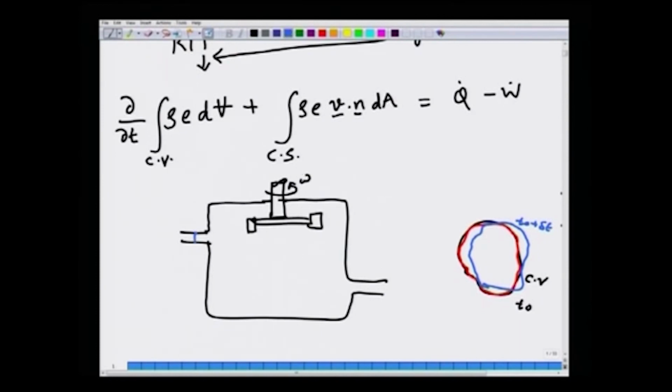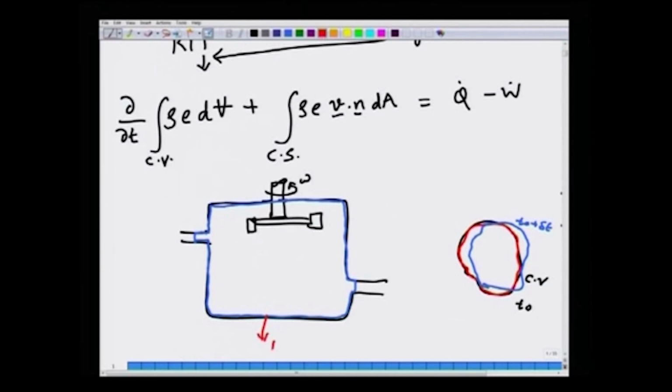The control volume is the blue line, and we want to write the balance about this control volume and understand what the work interactions are. Now, there are three types of areas, as we said in the last lecture.